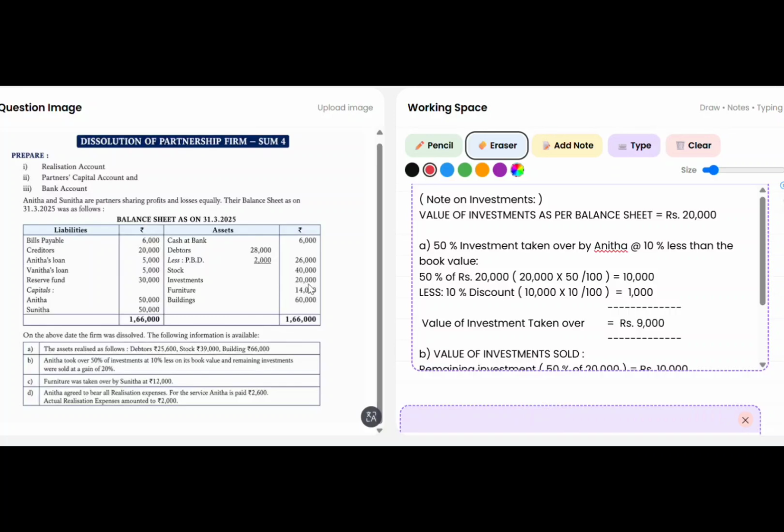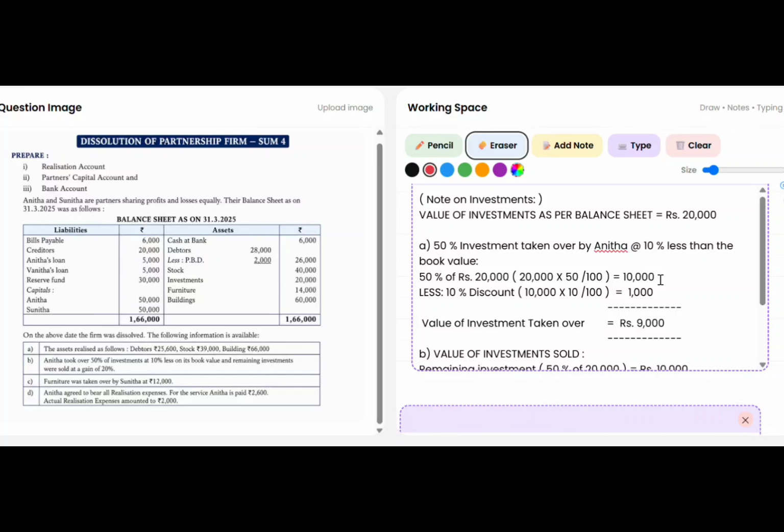Now how has this 20,000 to be treated as per the adjustment? Firstly, 50% of the investments is taken over by Anita at 10% lesser than the book value, that is, at a discounted value. So first let's find out 50% of 20,000, which is 20,000 into 50 by 100, that is 10,000 rupees.